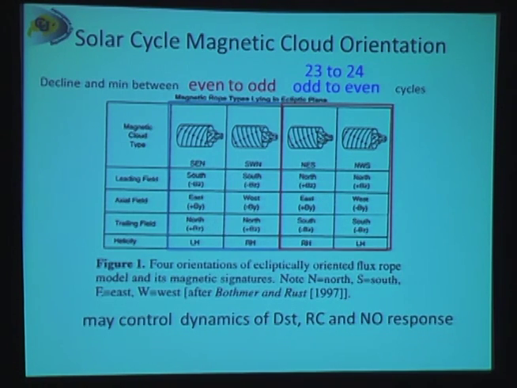They're coming in primarily north field first during these most recent years, and if they happen to have a sheath that is also predominantly north field, then it is the perfect setup to fatten up the magnetosphere, stretch it out, let it go.